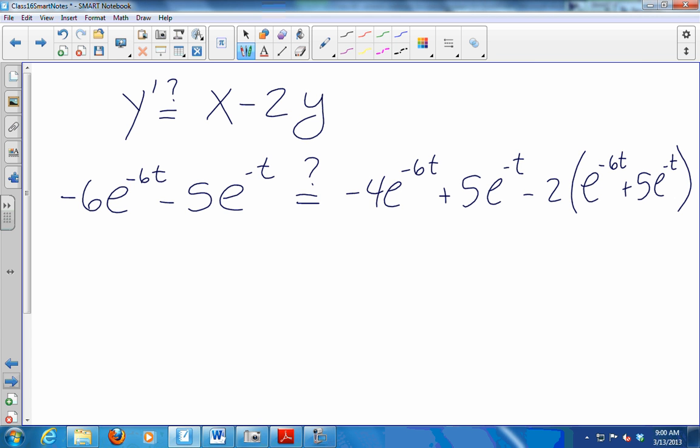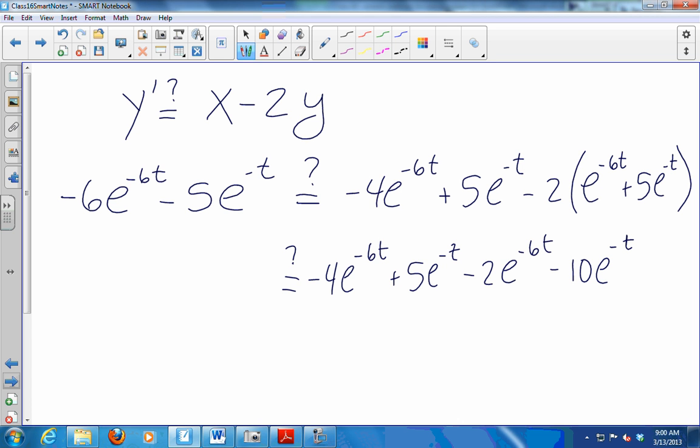All right, so now we try to simplify the right-hand side, see if it equals the left. If it does, then we really have a solution. Negative 4 e to the negative 6t plus 5 e to the negative t minus 2 e to the negative 6t minus 10 e to the negative t.